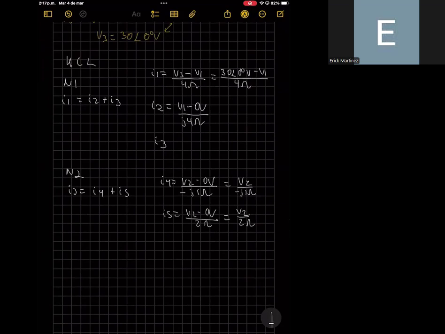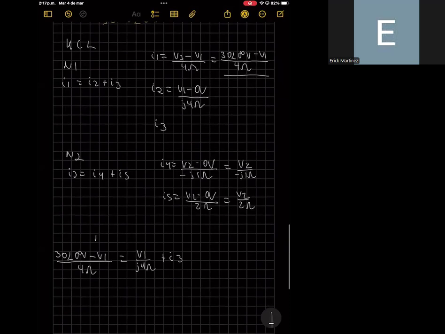So now, what can we do? We can substitute all the values of the currents that we know. For example, for I1, we can express this as 30 with an angle of 0 degrees volts minus V1, all divided by 4 ohms. And this is equal to I2, that is V1 over j times 4 ohms, plus I3, that we don't know.